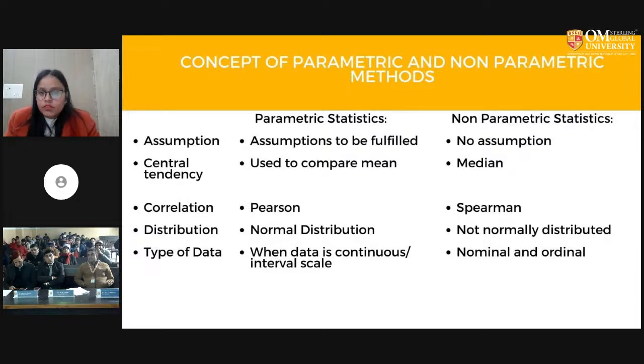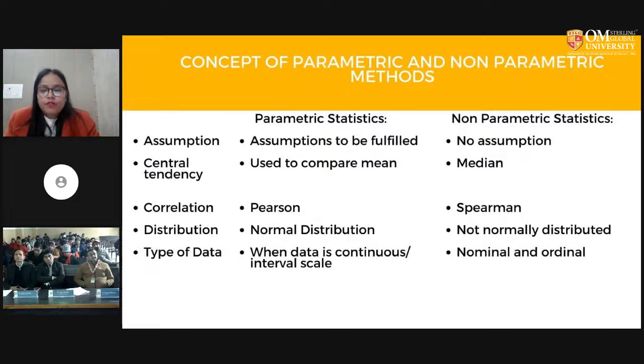The parametric tools or statistics are all based on the concept of mean. The main assumption for the parametric tool to be applied is normal distribution. Your data should be normally distributed before deciding whether you can apply the parametric statistics or not.